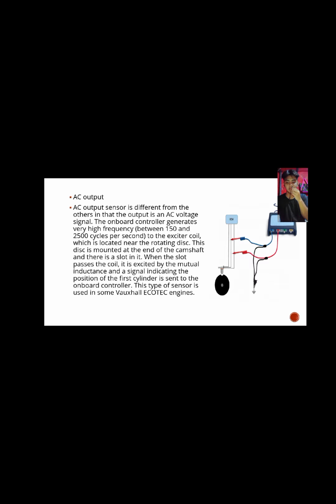This disc is mounted at the end of the camshaft and there is a slot in it. When the slot passes the coil, it is excited by the mutual inductance and a signal indicating the position of the first cylinder is sent to the onboard controller. This type of sensor is used in some Vauxhall Ecotec engines.